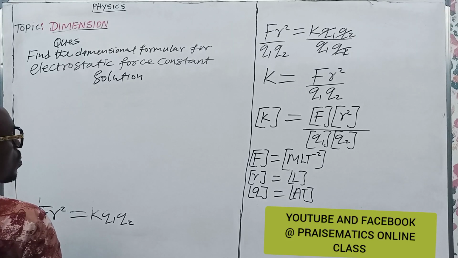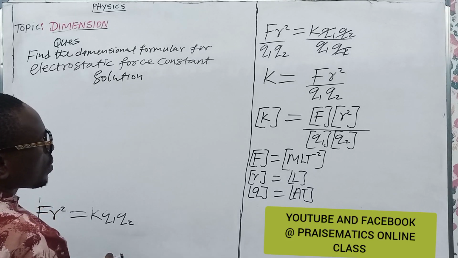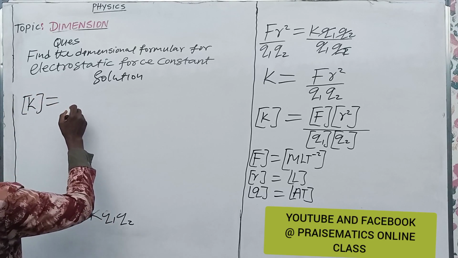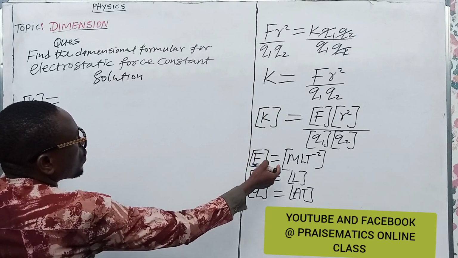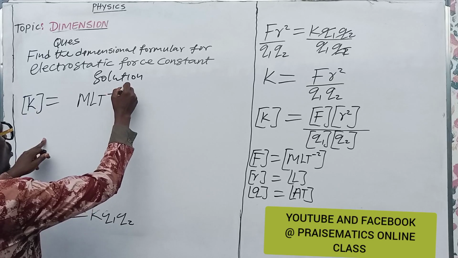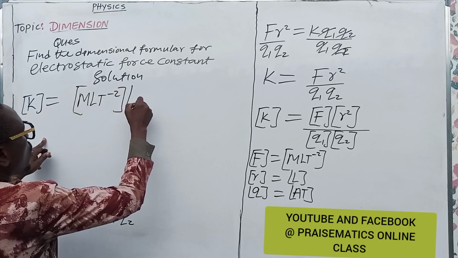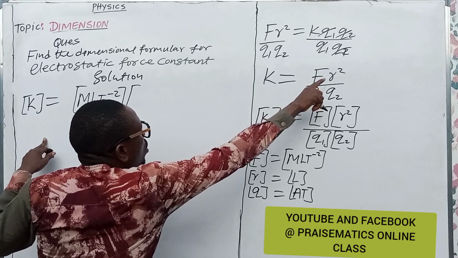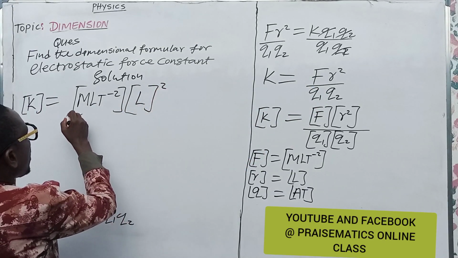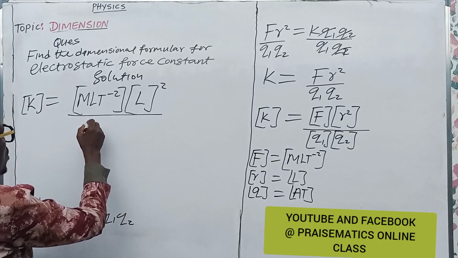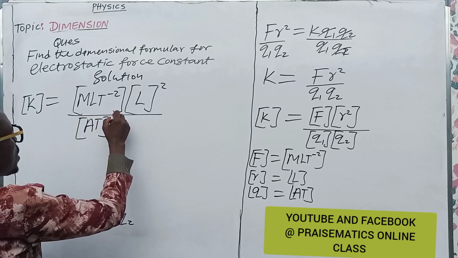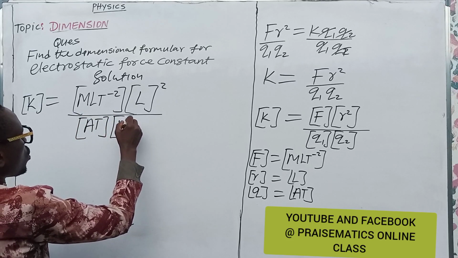Okay, from this place we now have that the dimension of the force constant is equal to F, which is M L T to the power minus 2, into r, which is L, raised to power 2, over charge, which is the dimension of A T for charge 1, and A T for charge 2.